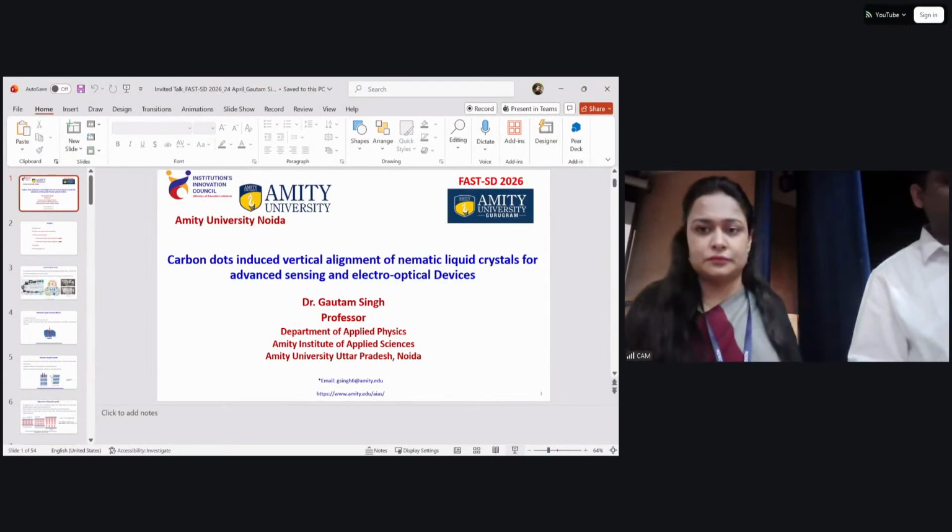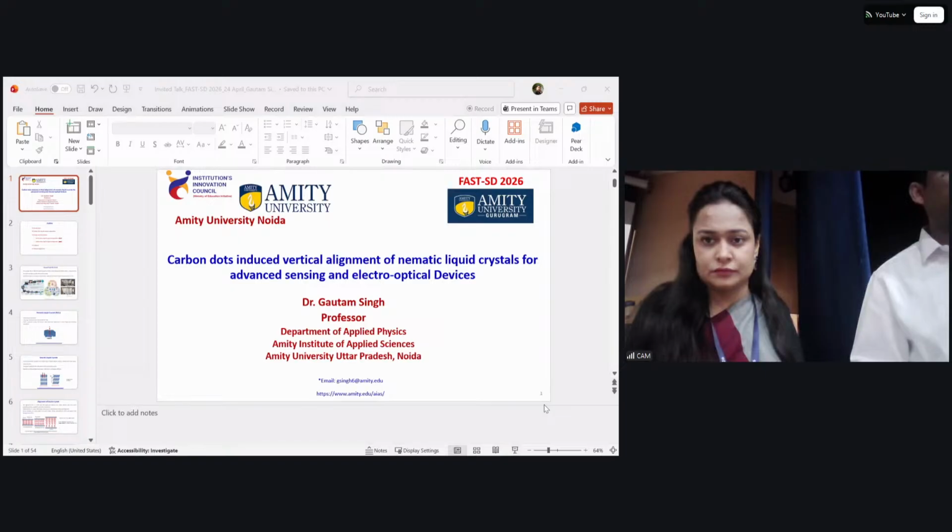So we proceed further for the fourth talk of this morning session. We now make a transition from the beautiful complex world of soft matter and liquid crystals, a domain that dances between the liquid and the solid. We have with us Professor Gautam Singh, who is presently working as a professor in the Department of Applied Physics at the Amity Institute of Applied Sciences, Amity University, Uttar Pradesh, Noida.